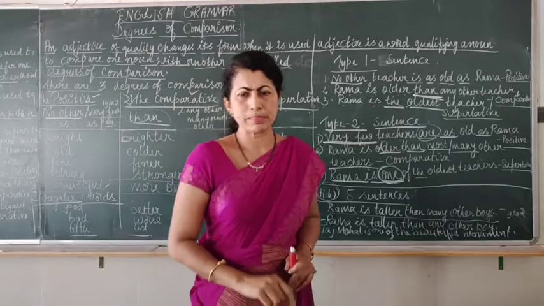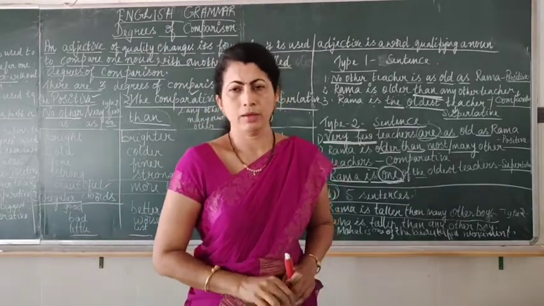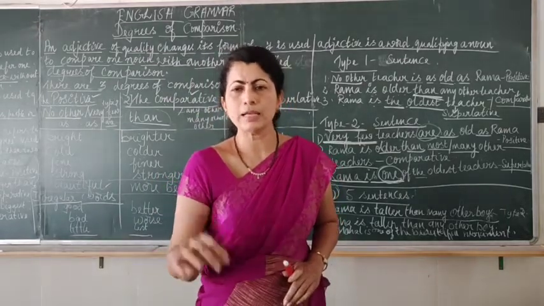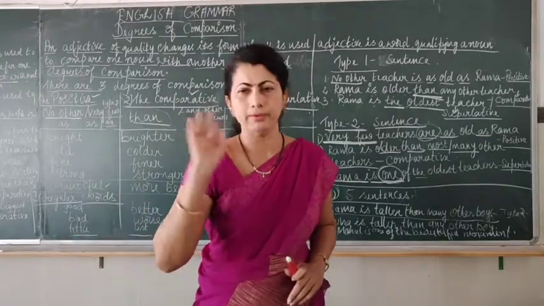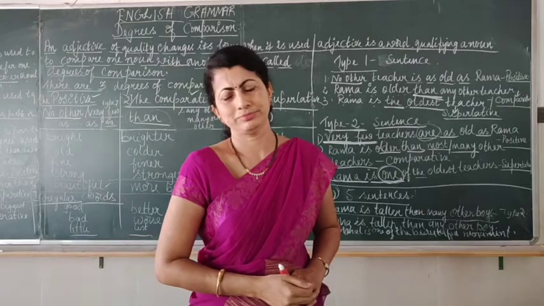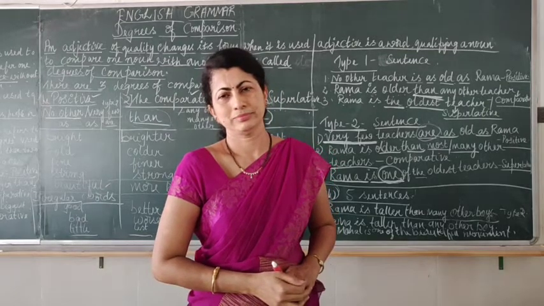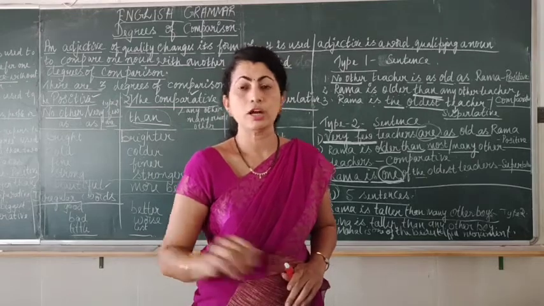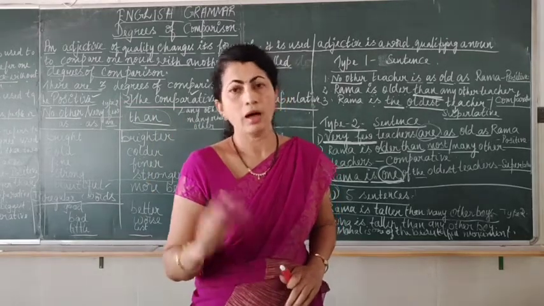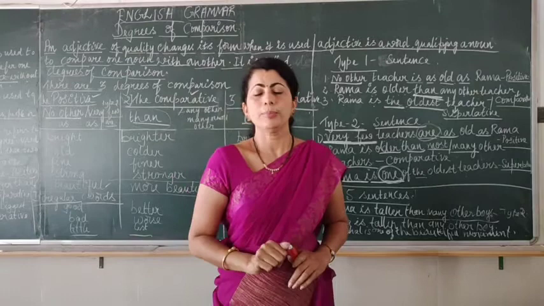I will tell you one simple sentence for type 1. Mount Everest is the tallest mountain peak in the world. What are you going to write? Which degree is it? "Is the tallest", superlative, correct? How are we going to change it to the positive?